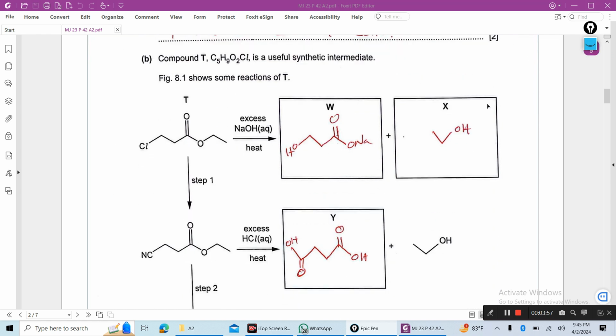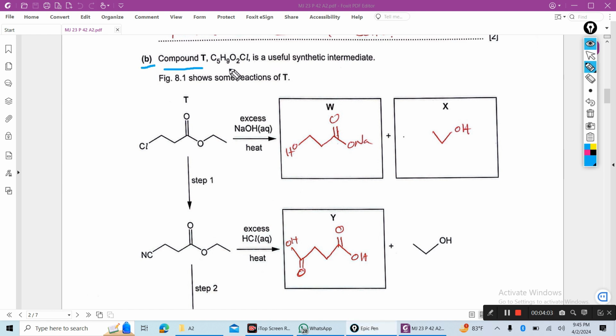Now next one, b. This is compound T, C5H9O2Cl, a useful synthetic intermediate. Figure 8.1 shows some reactions of T. Here T reacts with excess sodium hydroxide and heat in reaction 1.